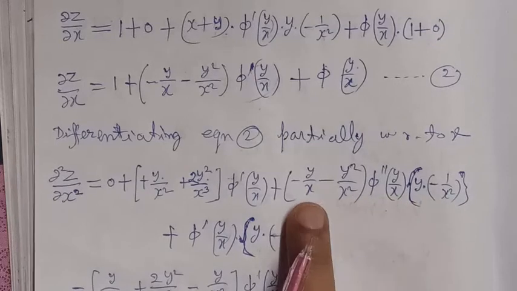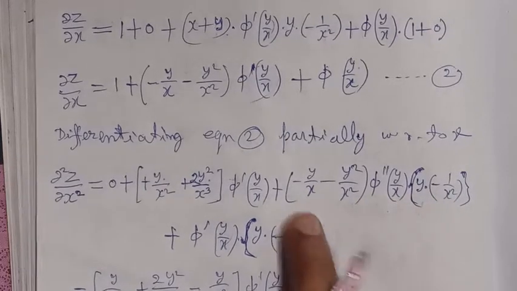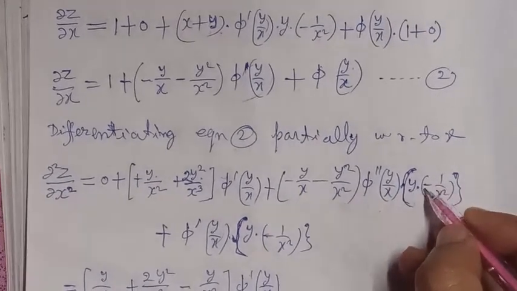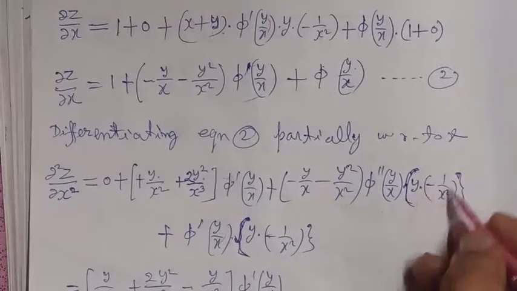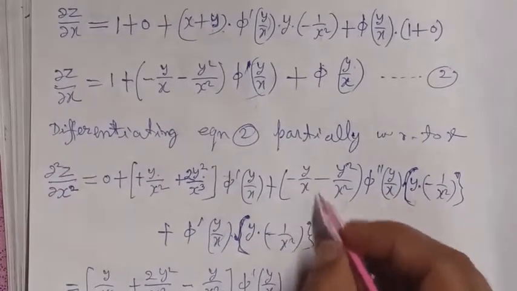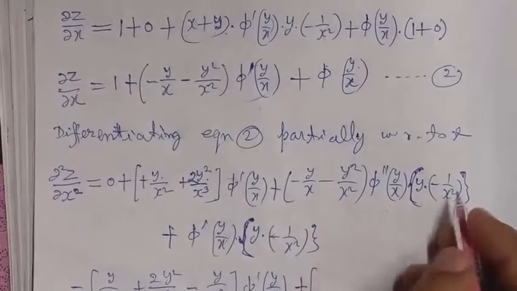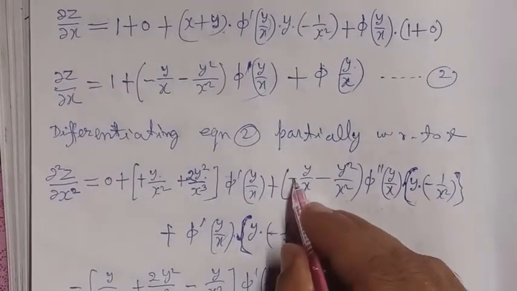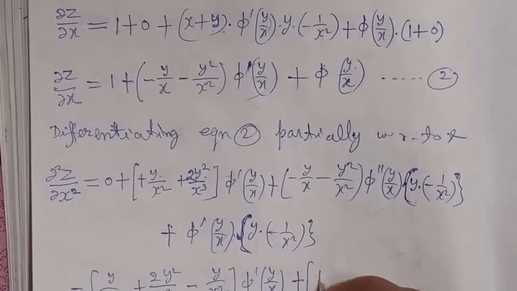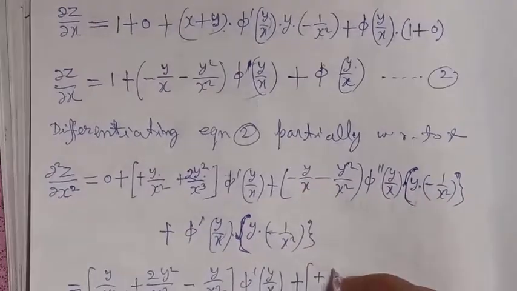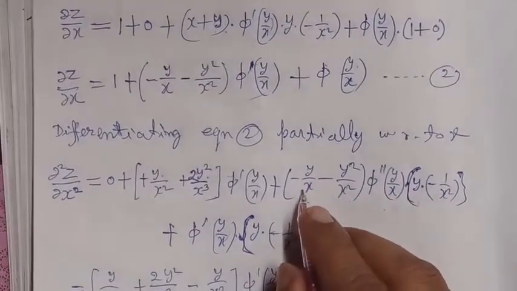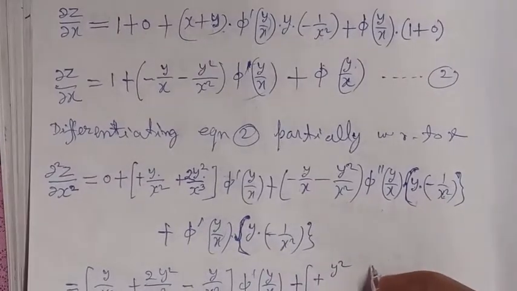This term is multiplied by minus y upon x square. This term becomes, as I write here, minus, this minus converts to plus, y into y becomes y square, and x into x square becomes x cube.